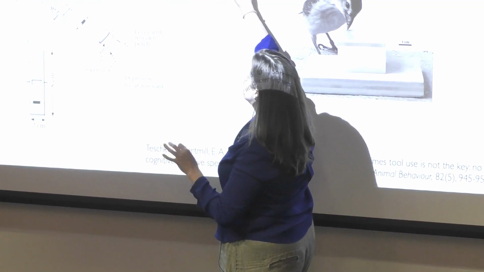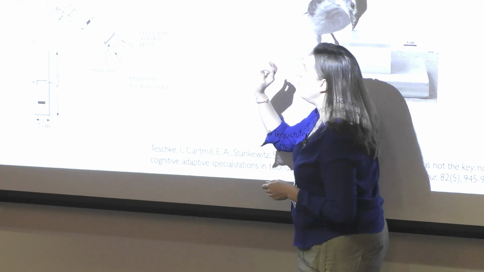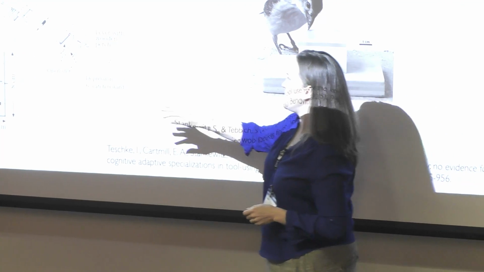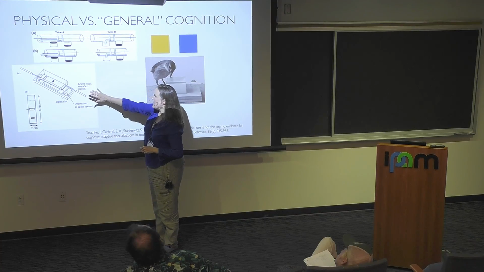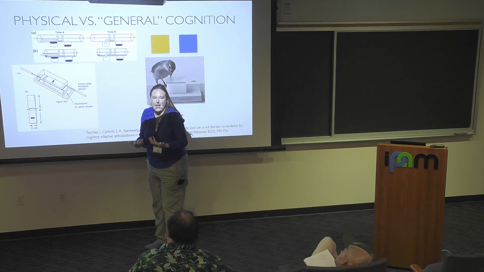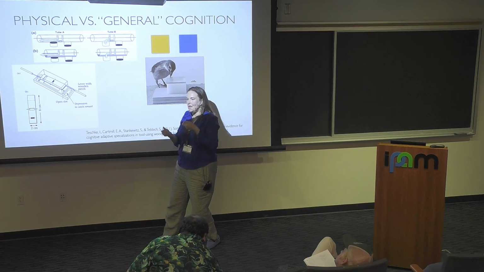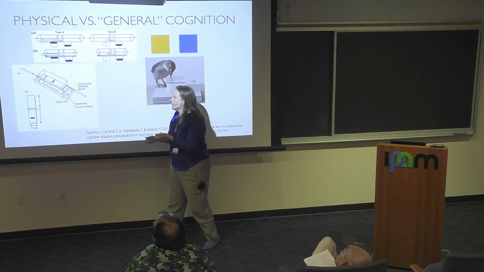And it is physically very similar to the types of actions that they produce in their natural tool use behavior. So we wanted to then develop a type of task that also relied on surface continuity but didn't have the same action patterns, right? So they weren't sticking a stick into a hole and pushing and pulling it.